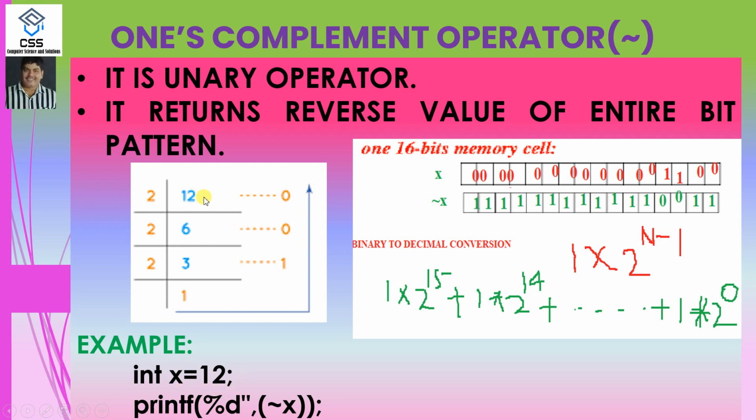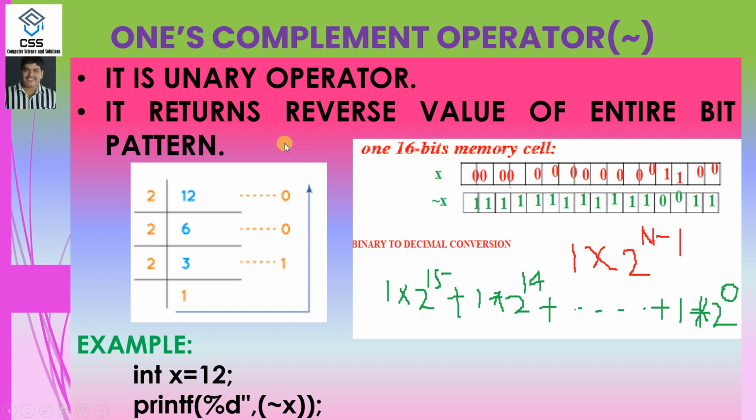Suppose 12 is a decimal value. How do you find the binary value? We divide it by 2 and the remainders are taken into consideration. 2 sixes are 12, remainder is 0. 2 threes are 6, remainder is 0. 2 ones are 2, remainder is 1. When you write, you write from bottom to top, and hence the value will be 1100.